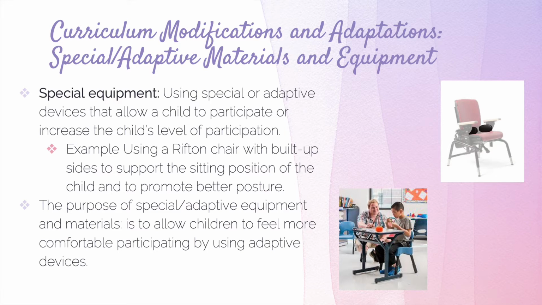Now, the most common example would be using Rifton chairs with built-up sides to support the child in the sitting position of a chair and promote better posture, which we can see in the photo here with just the chair, and the photo here with the teacher helping out the child who's sitting in a Rifton chair.